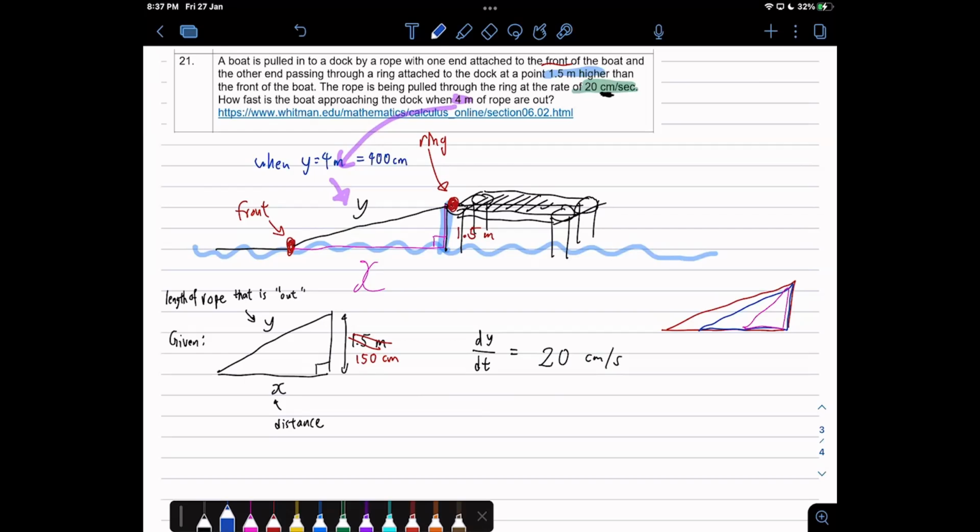What else do we have? 1.5 meters. Oh wait, sorry, I already wrote that down. Here 20 cm per second. Okay, that's fine. Then we can proceed. I wrote down the given information. I still need to find dx over dt as the final answer, but dx over dy is an intermediate answer.